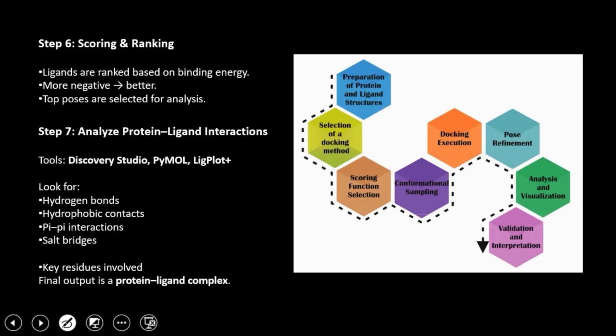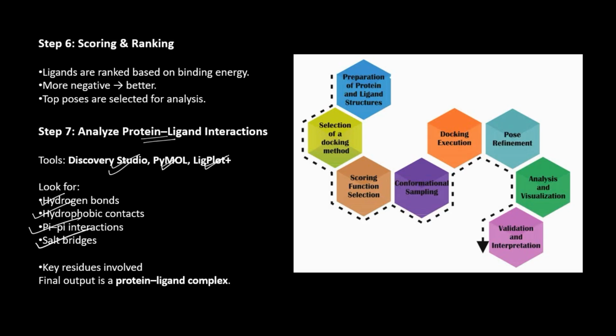Then we analyze the protein and ligand interactions in different software like Discovery Studio, PyMOL and LigPlot. With this software, we easily check the hydrogen bonding, hydrophobic interaction, pi-pi interactions, and salt bridges. Now our protein and ligand complex is ready for the simulation part.